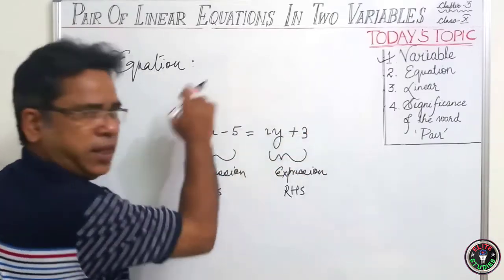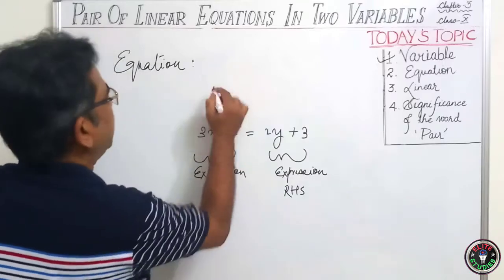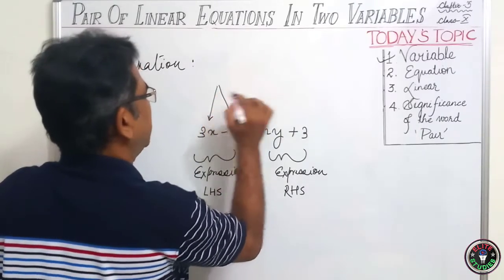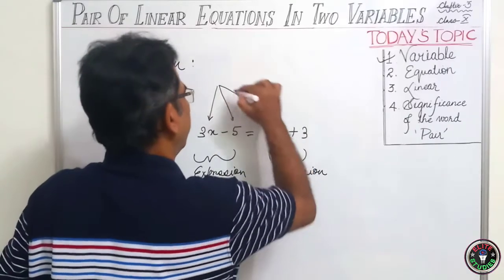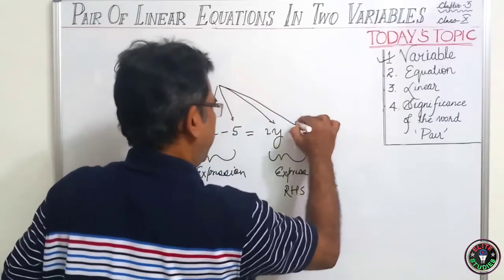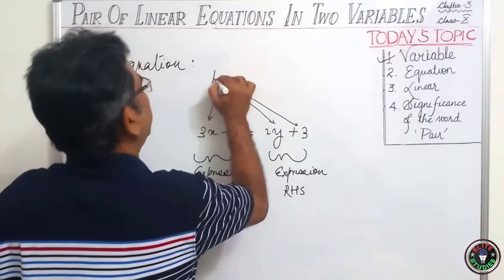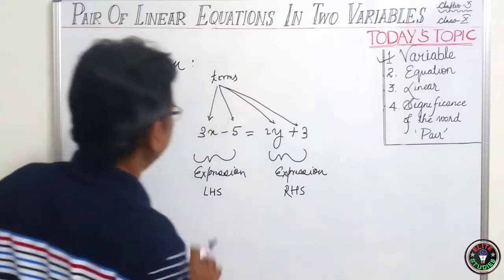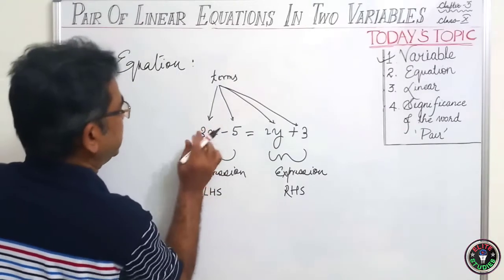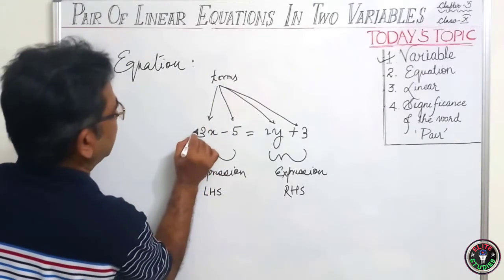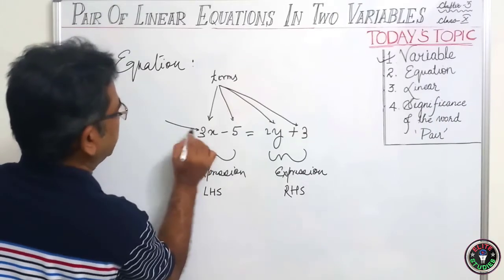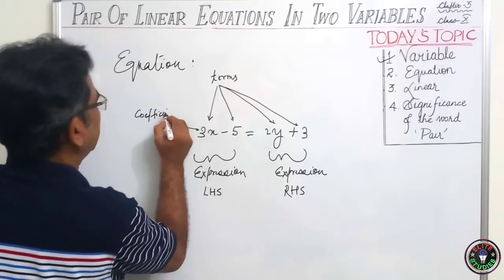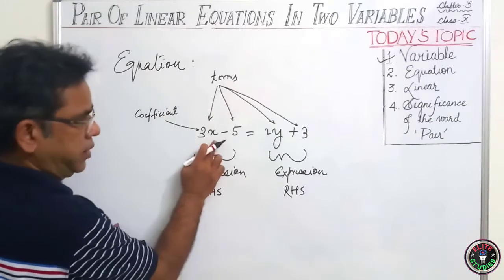If you further consider the anatomy, then these are called the terms of this equation. These are the terms. In this, 3 is called the coefficient of x.